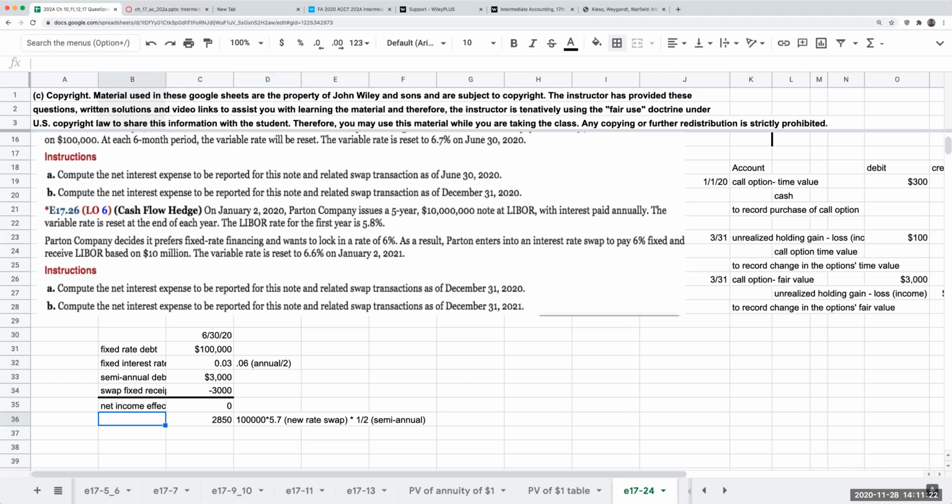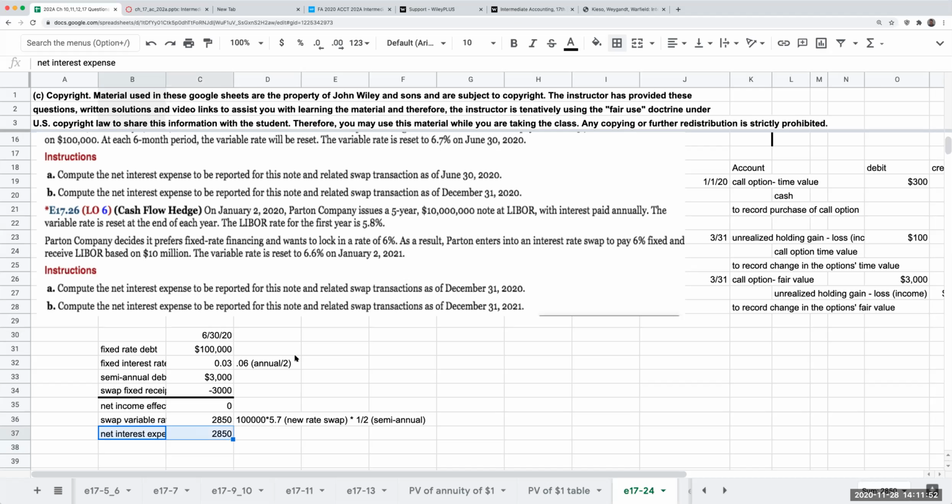Okay. So over here, my net interest expense is going to be 2850. We call this a swap variable rate. So my net interest expense is going to be 2850. Okay.